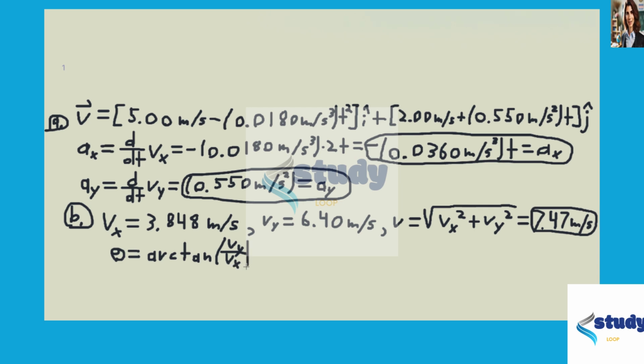Now I can plug in vy and vx in this equation. If I do that, I'm going to get the angle theta here is 60.0 degrees. That means the velocity is in the direction of 60 degrees.